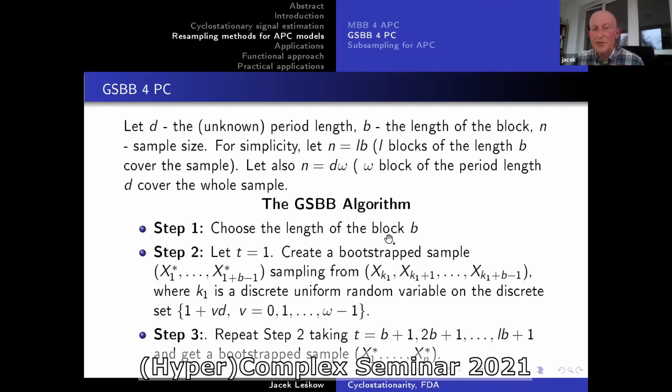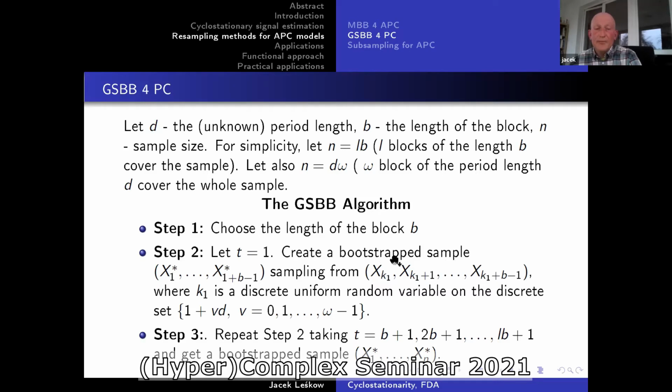Okay, first we choose the length of block B. Usually the length of the block should be proportional to the sample size. The question is a little bit more precise estimation of the length of the block. Usually it is of the order of the cubic root of n, n to the power 1/3.